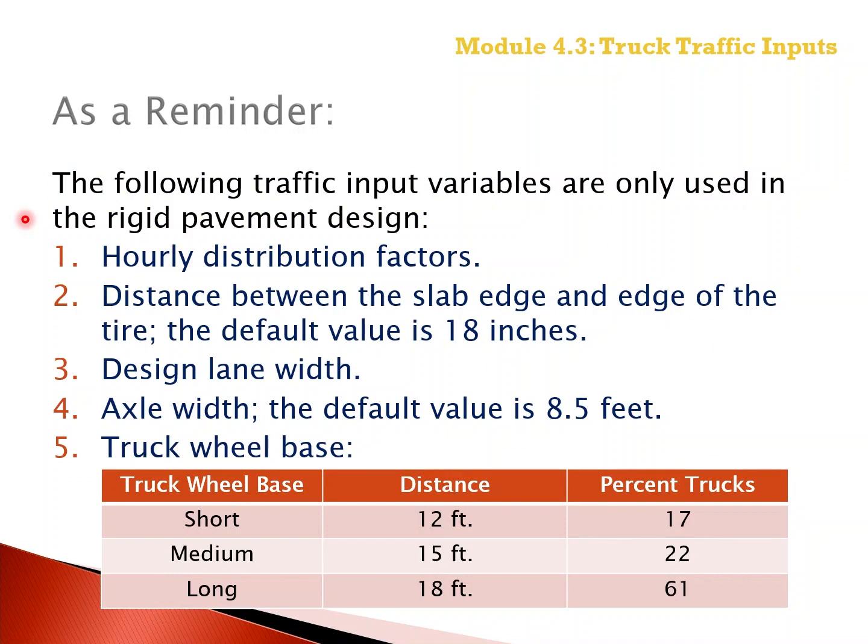Kind of as a reminder also, the following traffic input variables are only used in rigid pavement design. Hourly distribution factors, distance between the slab edge and edge of the tire. Again, the default value is 18 inches. Design lane width, axle width, and the default value is 8.5 feet. And then the truck wheelbase, and the default values for the short, medium, and long truck wheelbases are listed on this slide.